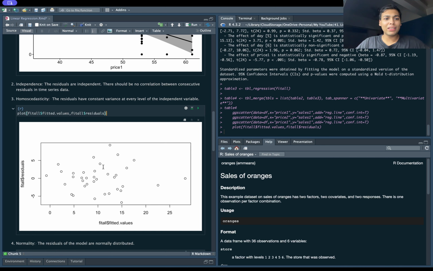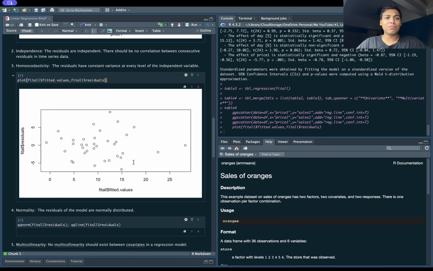So I would say yeah, the spread at this level 10 to 15 is relatively higher, but I would not say there is a very skewed or very drastic difference in variance. I would not say this assumption is not met. I would say this is fine for our model.